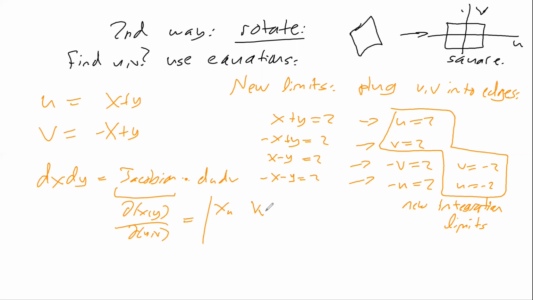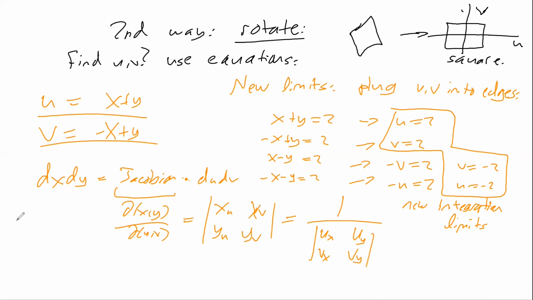So xu, xv, yu, yv. So if we just do these, we can solve for x and y up here. If you could do that, or you could save a step and just flip it. Because this is like saying that du dx is 1 over dx du.